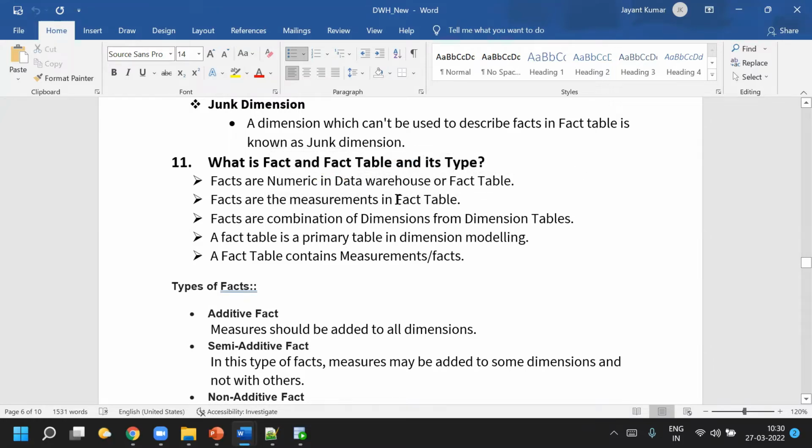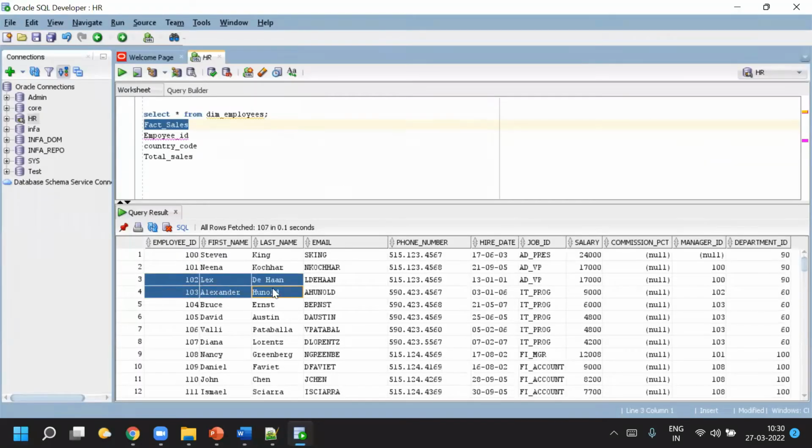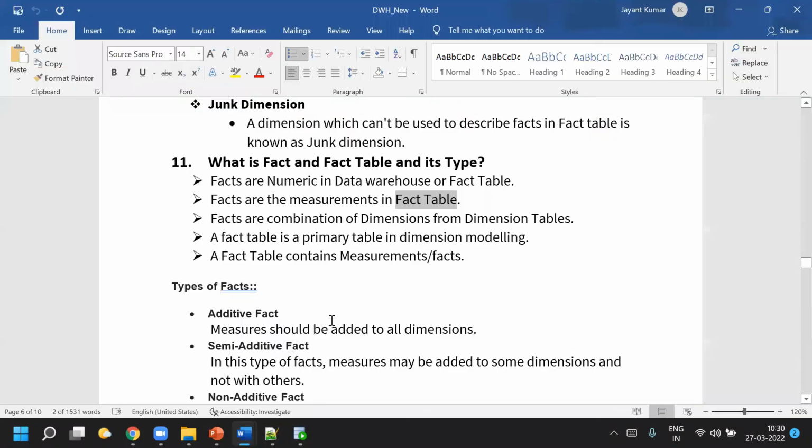All the small data in a fact table is called a fact, like in a dimensions table we call a single value a dimension. Facts are combinations of dimensions from the dimensions tables. In a fact table, we will have data from the dimensions tables only. So the architecture will be like that.